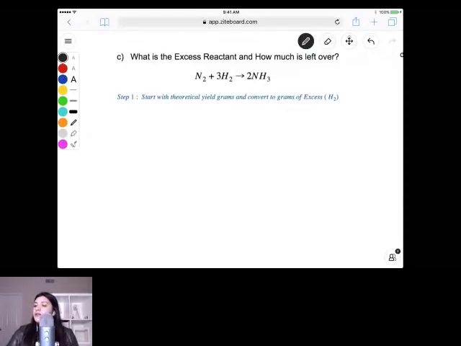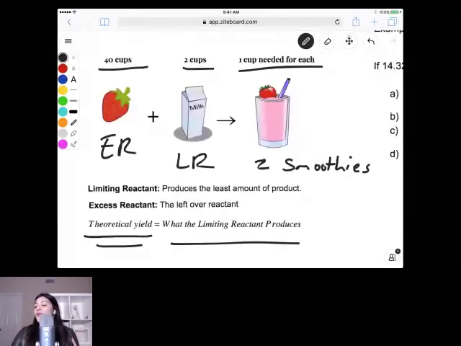Our excess, we said, was our strawberries, right? And we could only produce two smoothies overall. Those are our products. So 2 smoothies was what we can produce. And that, remember, is our theoretical yield. Our theoretical yield is what the limiting reactant produces. So in our case, our theoretical yield would have been the 2 smoothies.